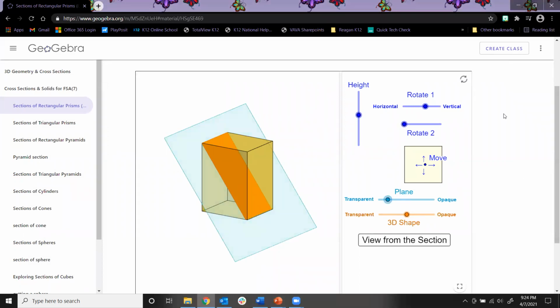How can I make it look like that shape? Oh, look at that. I could rotate it a couple times and get that shape. Do you see that different shape there? Hopefully you can see it when I rotate that way. So it really depends on how you read that, which figure is sliced diagonal to the base. If you had drawn a rectangle there, I don't think I would mark that wrong.